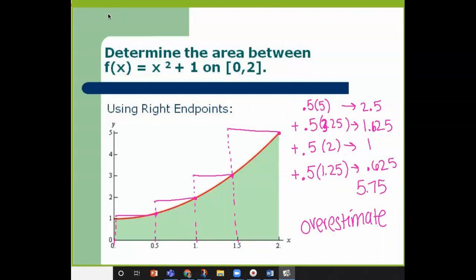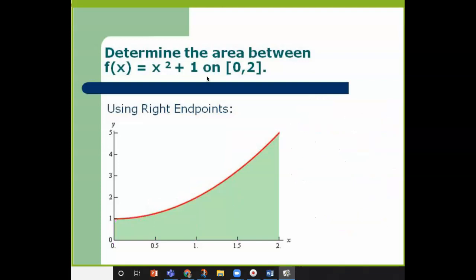A right Riemann sum is going to give you a different type of estimate. So let's do the right Riemann sum almost together. My delta x is staying the same because my interval is the same and my number of subintervals is the same. So my delta x remains 1/2. So I'm going to draw in each of my rectangles.